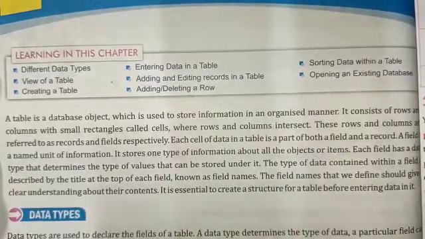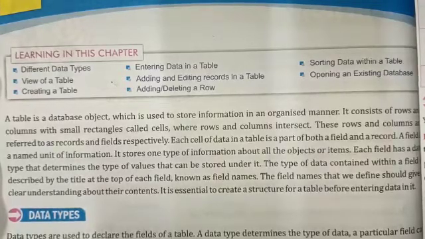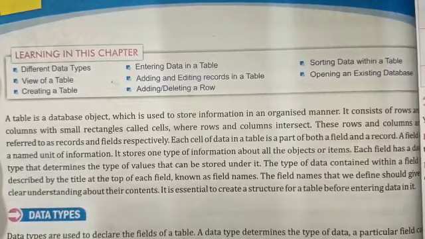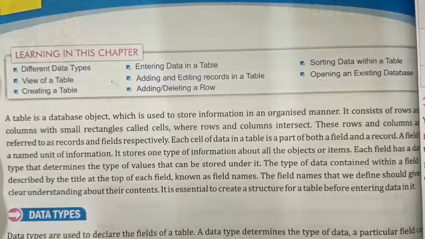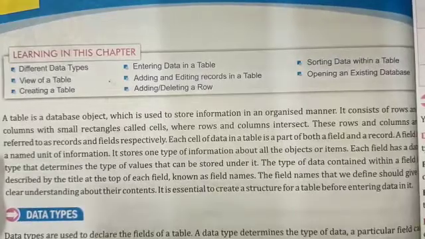So, a table consists of rows and columns, and the rows and columns form small rectangular cells. When the rows and columns intersect, the cells are created.